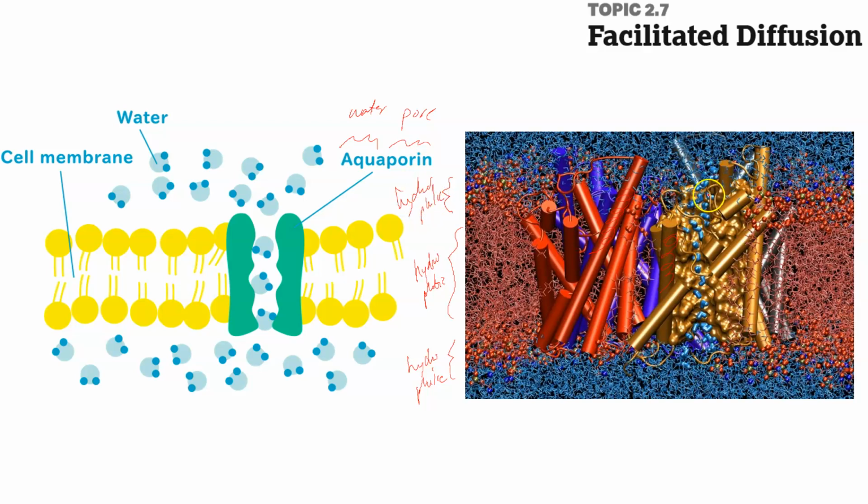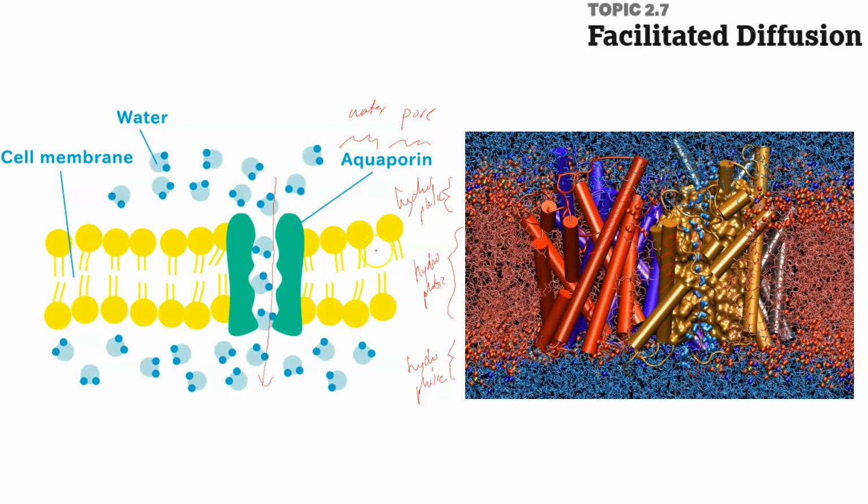So this protein, you see these blue blobs right here, are running water down this aquaporin from a high concentration to a low concentration. This is a computer model of it, and it shows it much more clearly down this way.